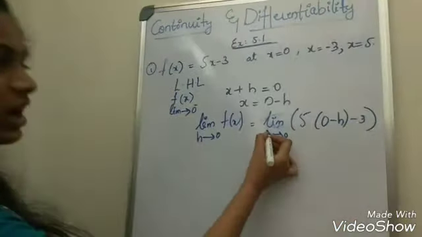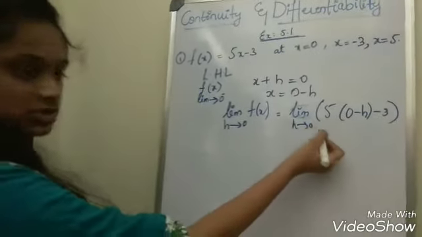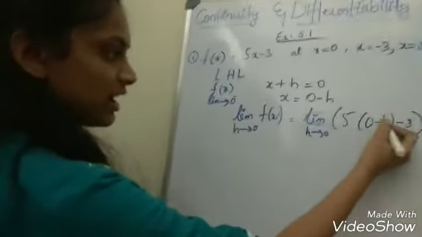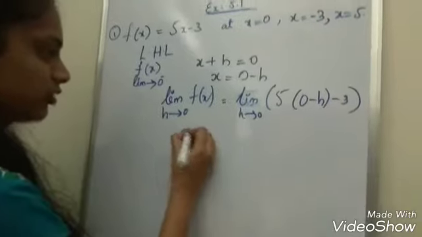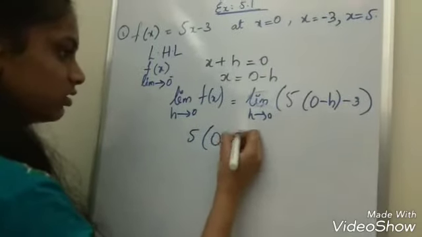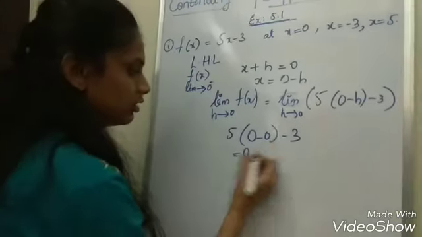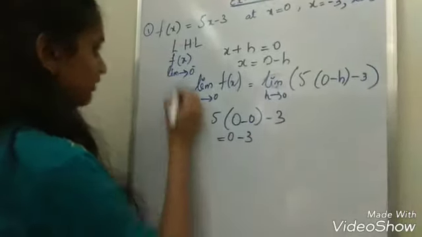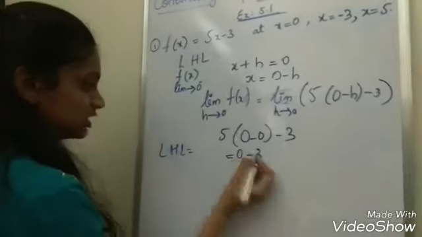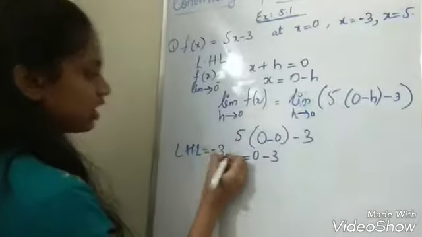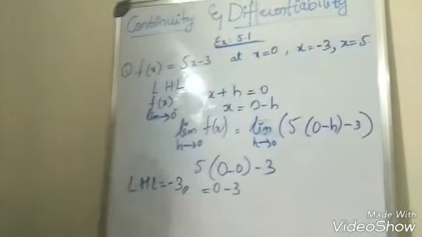As the value of h is tending to 0, instead of h you put 0. So 5 into 0 minus 0, minus 3. 5 into 0 is 0, and minus 3. So the value of left hand limit is minus 3. Now let's check the right hand limit.